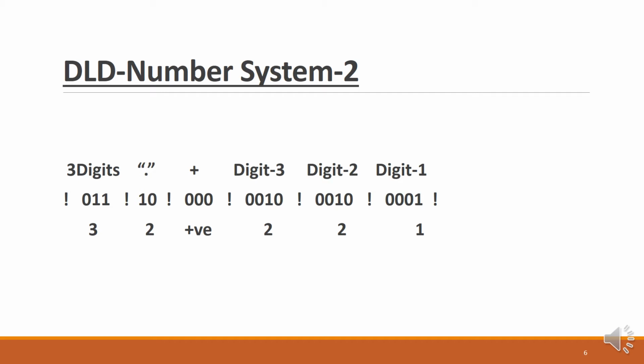As we said, it is 3 zeros, 000, for the positive sign, and if it was negative, we would have inserted 001 here. And then is the decimal point, and of course it is 10.